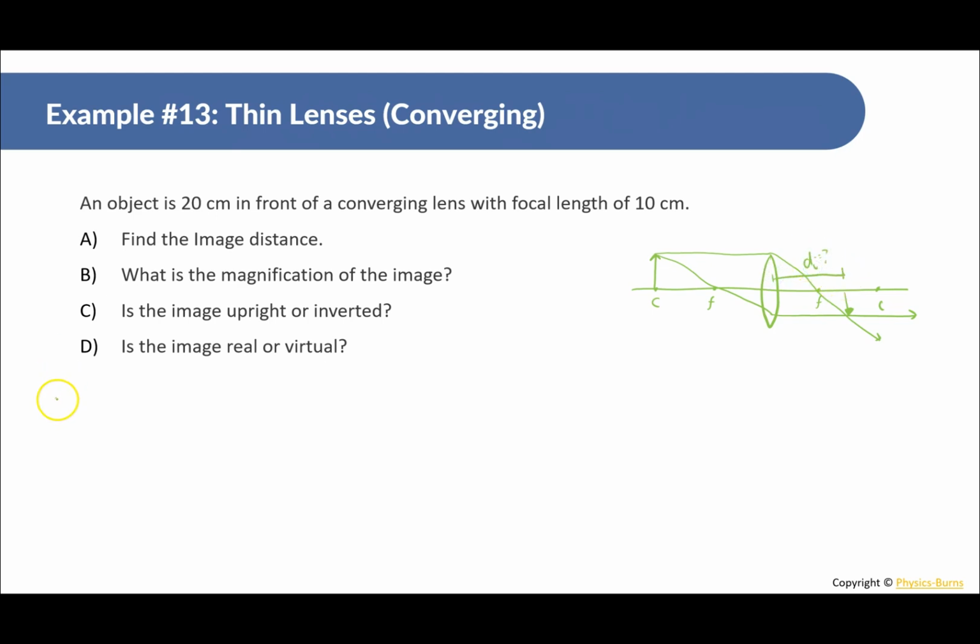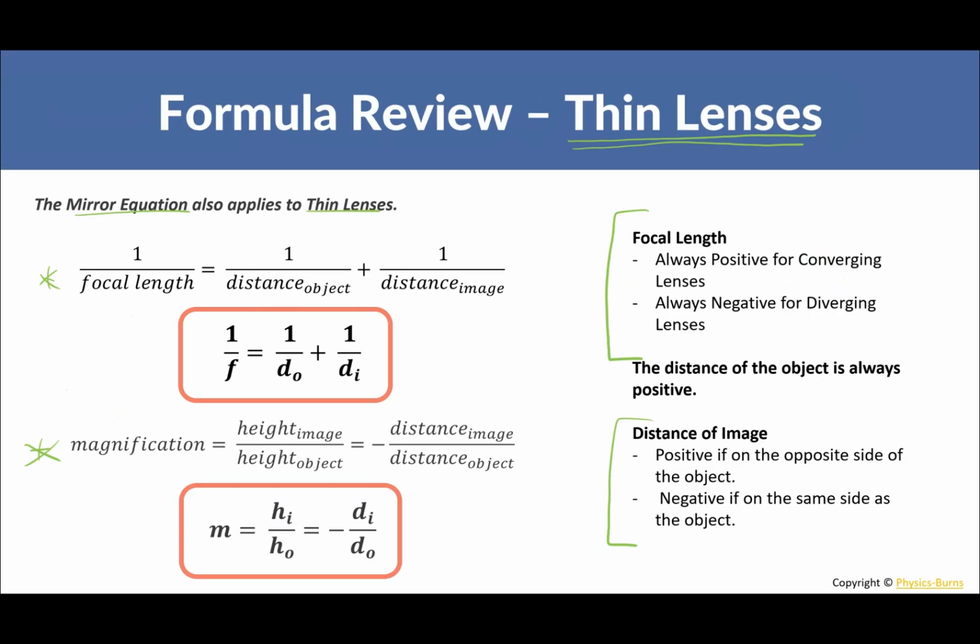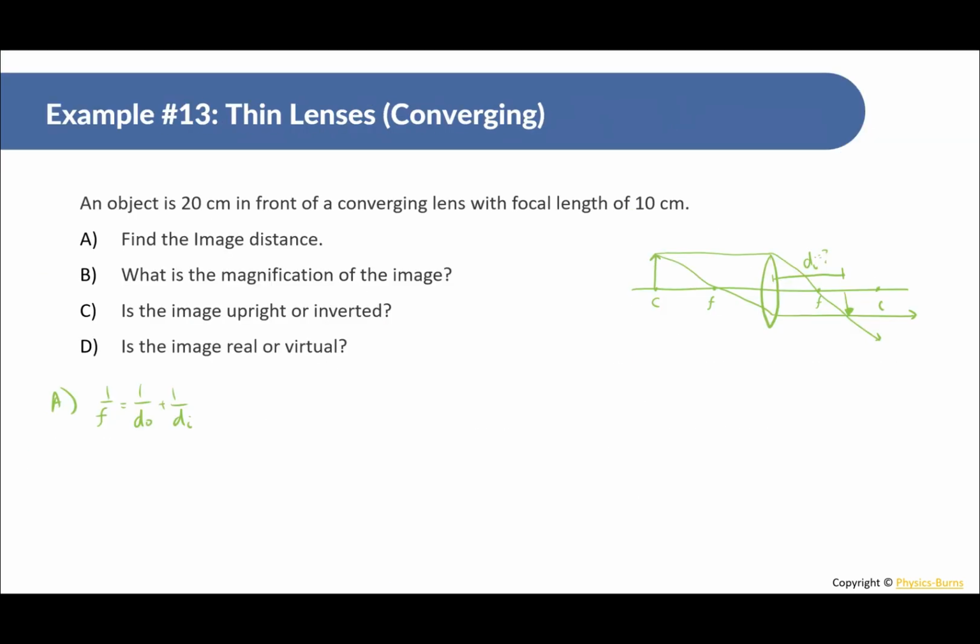So anyway, like the formula has, we have 1 over f is equal to 1 over distance of object plus 1 over distance of image. And you can manipulate it in the way you want. But right now we're looking for the distance of the image.